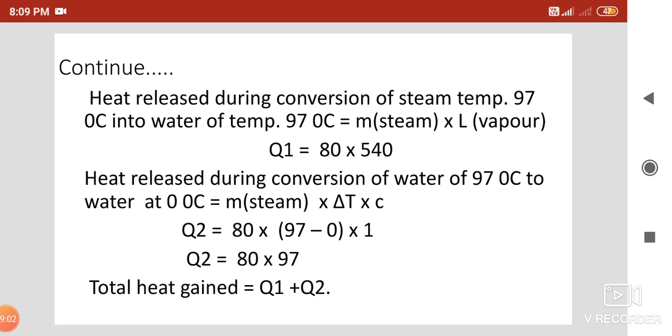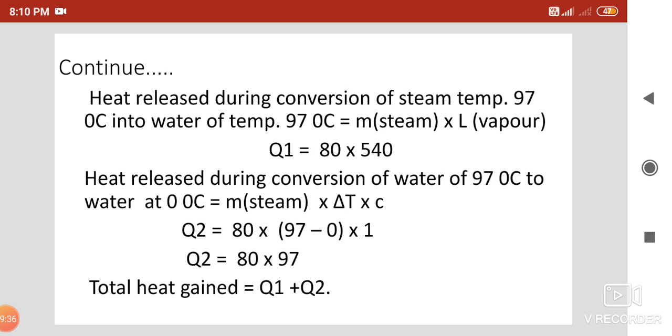Then heat released during conversion of water at 97 degrees Celsius to water at 0 degrees Celsius: we need the mass multiply specific heat capacity of water multiply change in temperature. So it is 80 multiply 1 multiply (97 minus 0). We will get 80 multiply 97, that is Q2.